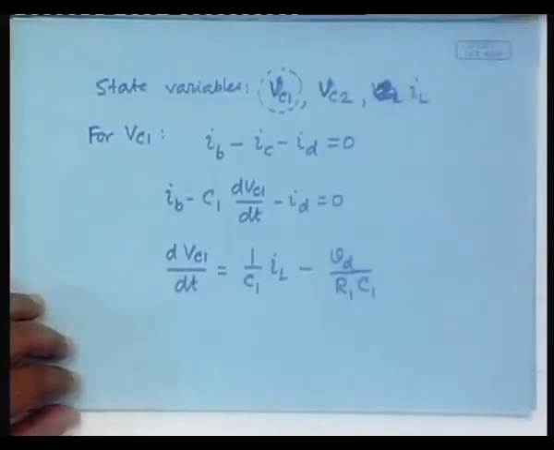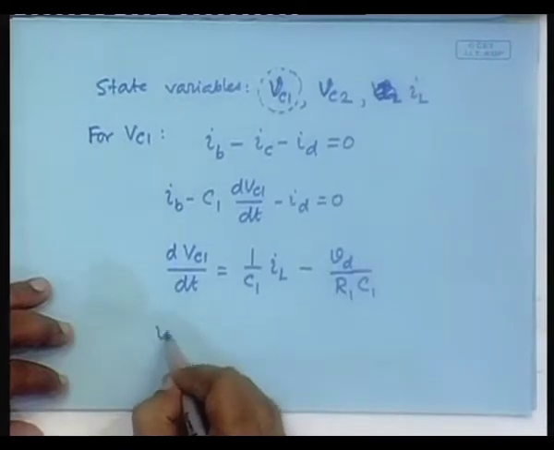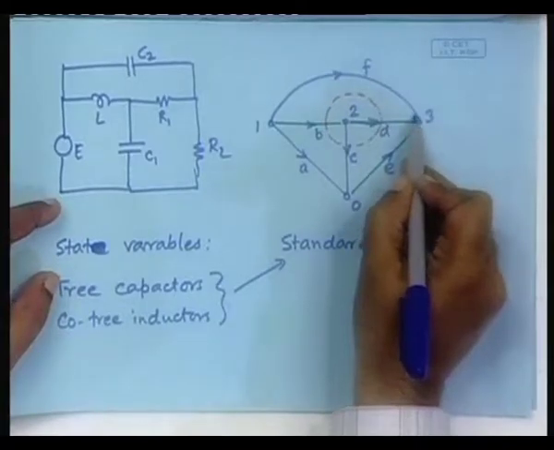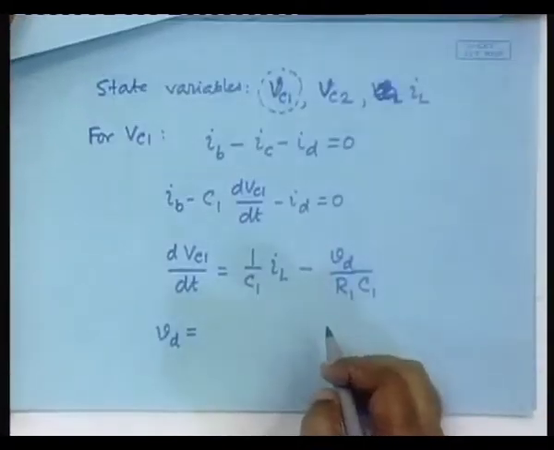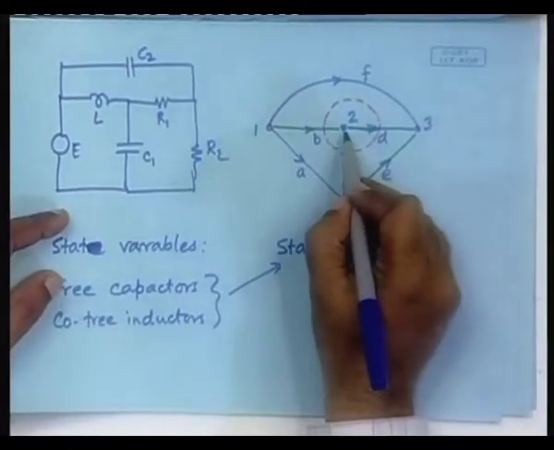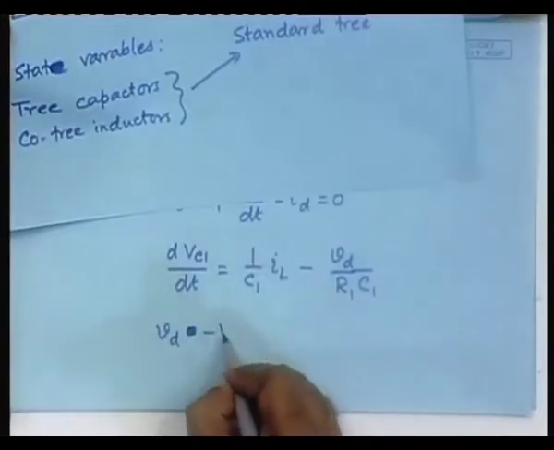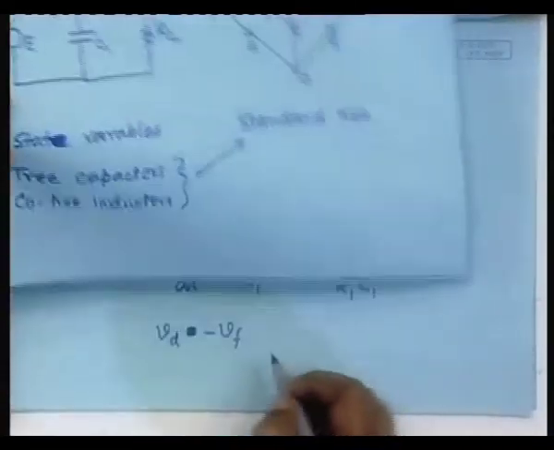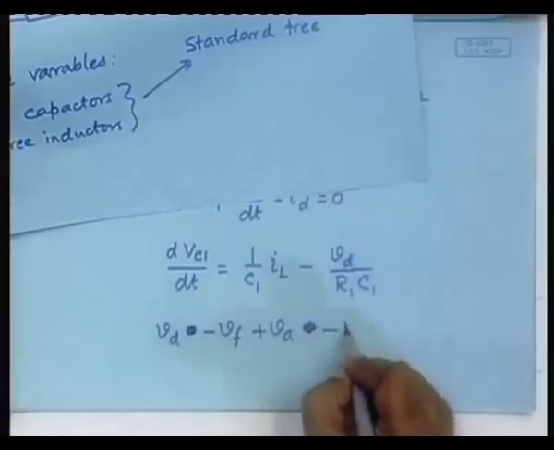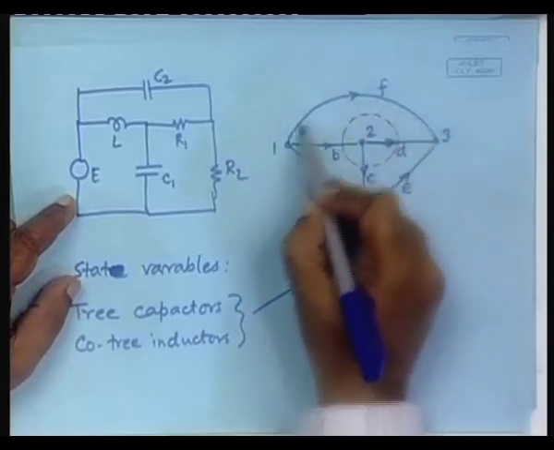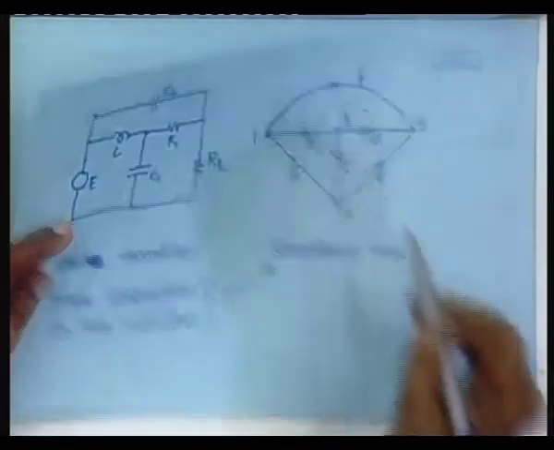You get VD is equal to, no, I will not write equal to, then it will be a problem. Start from here, minus VF plus VA minus VC, right. We are going around. Start from here, VD minus VF plus VA minus VC equal to 0.